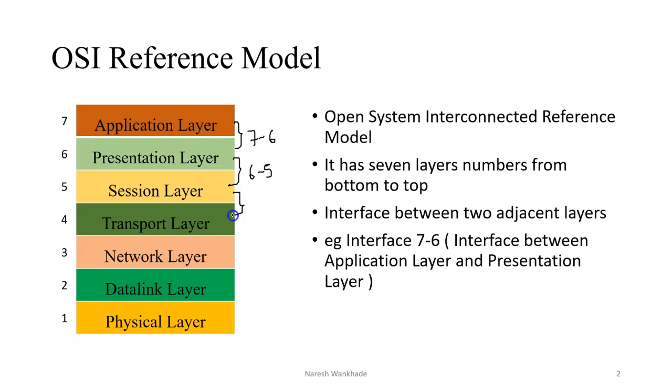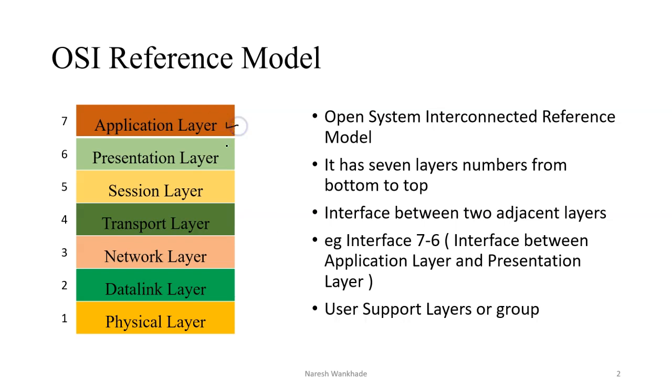Interface between session layer and transport layer, interface between transport layer and network layer, interface between network layer and data link layer, and interface between data link layer and physical layer. Between two adjacent layers there is an interface. Means with the help of interface, two layers communicate with each other.